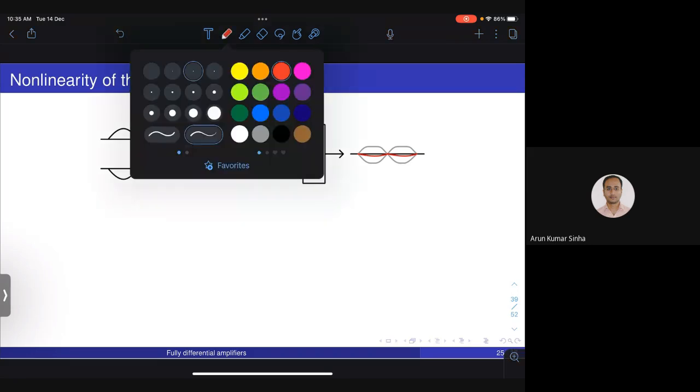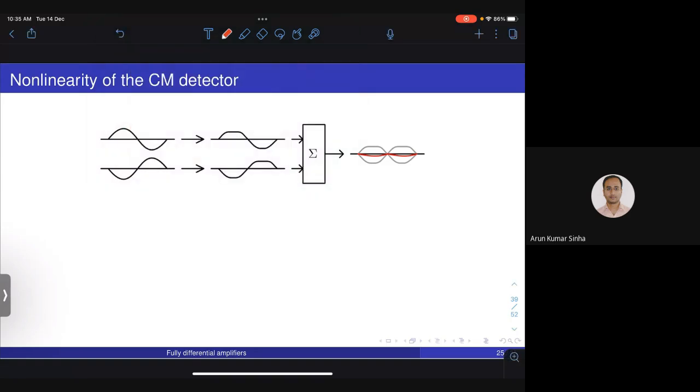So if you have a source follower buffer which is non-linear, this is just a sketch to illustrate what the problem is. The input is some VCM plus V and VCM minus V, two signals which are out of phase with a common mode of VCM. When they go through the non-linear source follower buffer, they will get distorted because of the non-linearity.